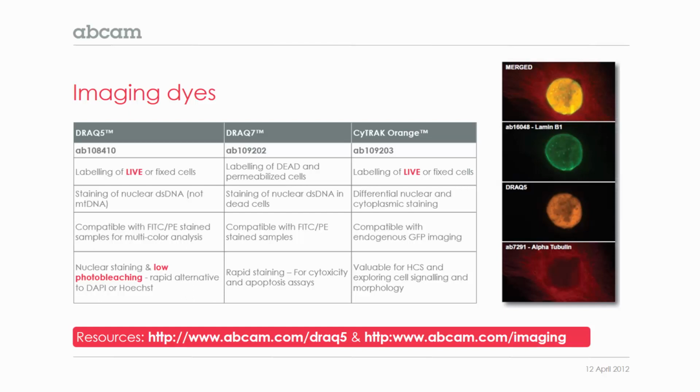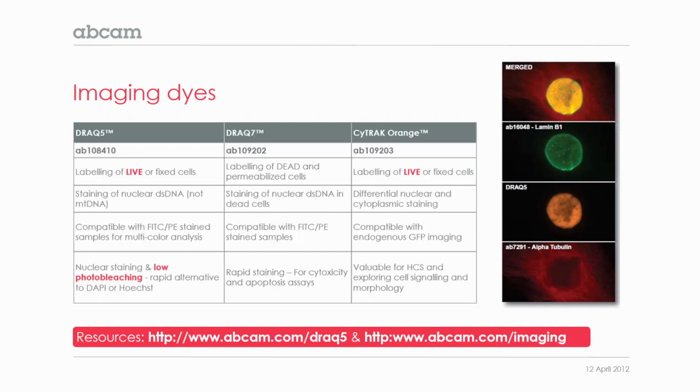DRAQ7 is a small molecule dye that only labels dead and permeabilized cells. And due to better spectral properties, it's an ideal alternative to propidium iodide. In particular, it's a useful tool for cytotoxicity and apoptosis assays.